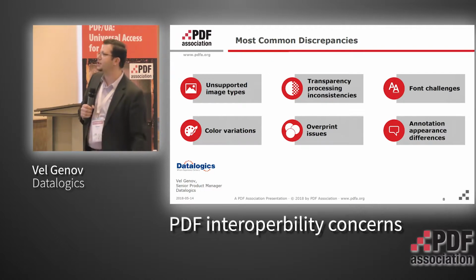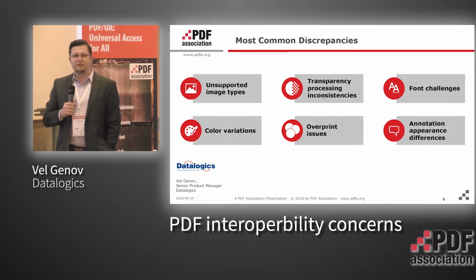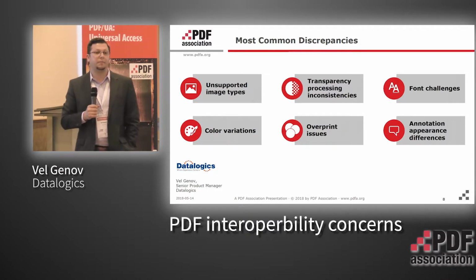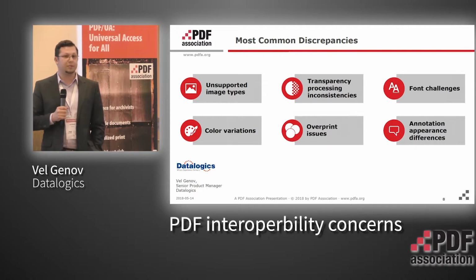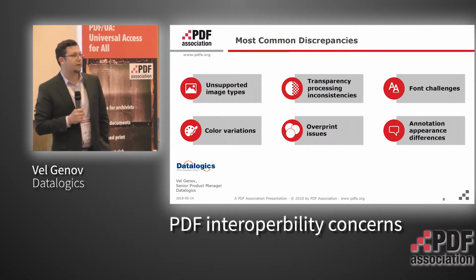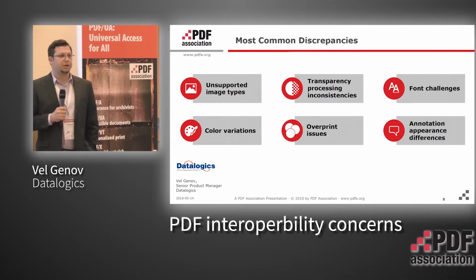So color variations. That's an important one. So PDF files, as you know, can have a lot of different color spaces. Each image can be in its own color space, which gives the file format great flexibility, but it can also be a source of problems. So monitors process RGB files very well. Print works with CMYK.